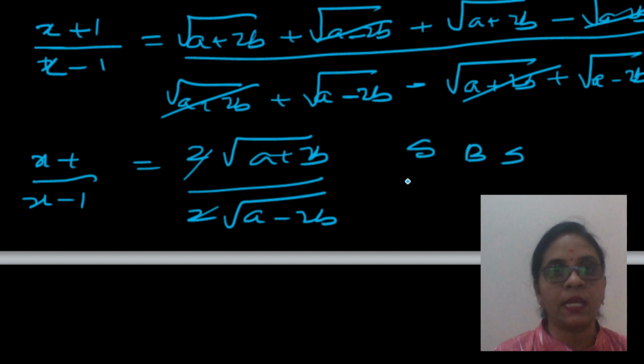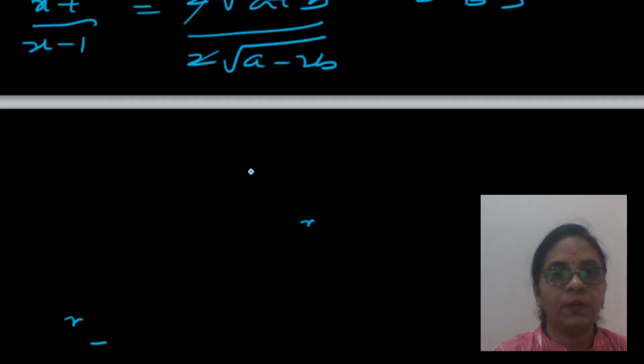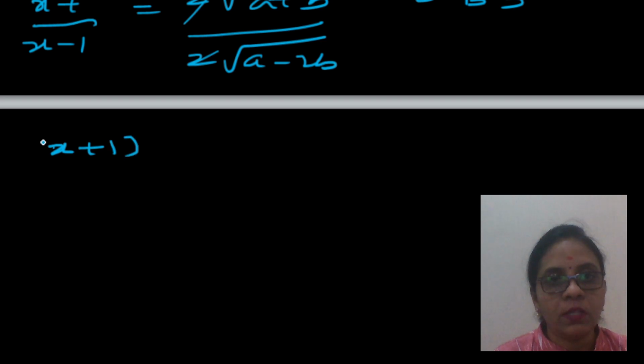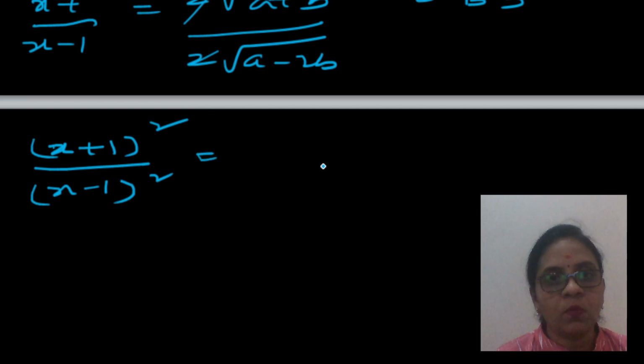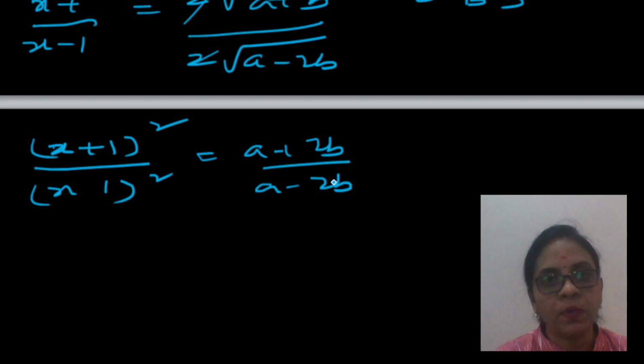Squaring both sides, we have (x + 1) whole square by (x − 1) whole square, which is equal to (a + 2b) by (a − 2b). Again apply componendo and dividendo.